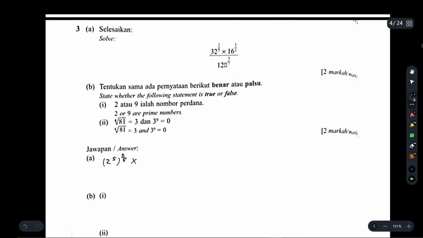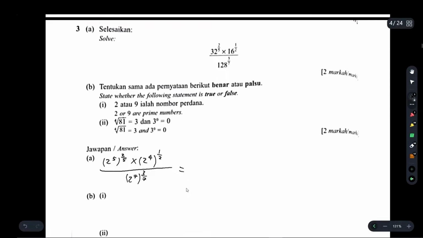And what gives us 16? I mean, 2 power what equals 16? Yep, it's 4. So 2 power 4, we have 16. You see, they have the same base. So what gives us 128? 2 power 7. 2 power 7 will have 128, and it is right.